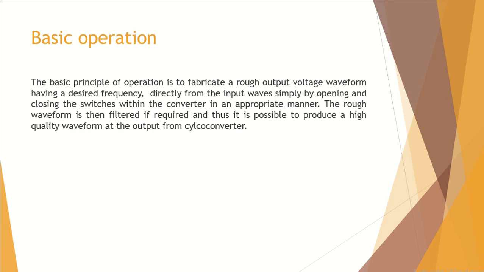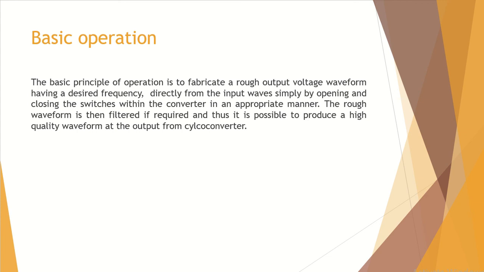The basic principle of operation is to fabricate a rough output voltage waveform having a desired frequency directly from the input wave, simply by opening and closing the switches within the converter in an appropriate manner. As I have already discussed, in the first approach we are producing the AC output voltage of different frequencies using a DC signal.